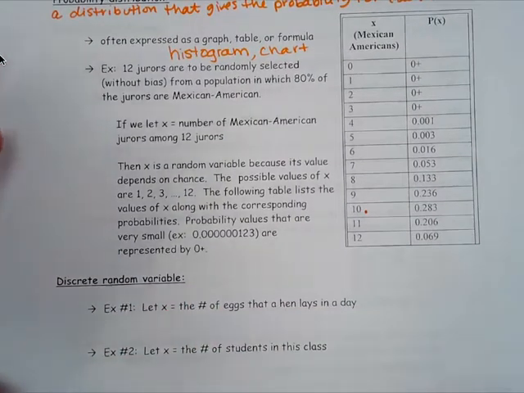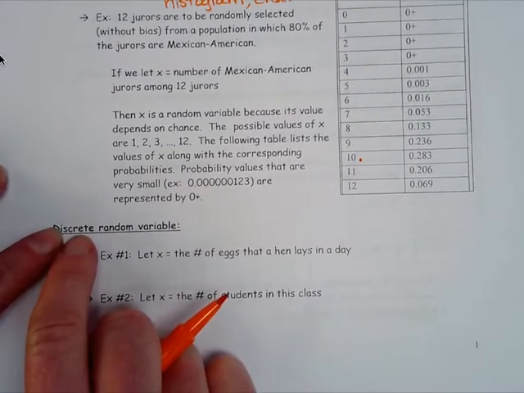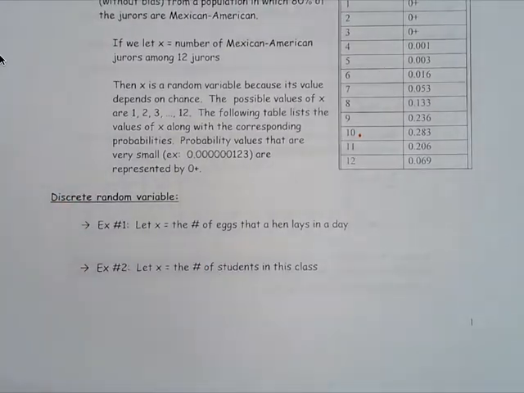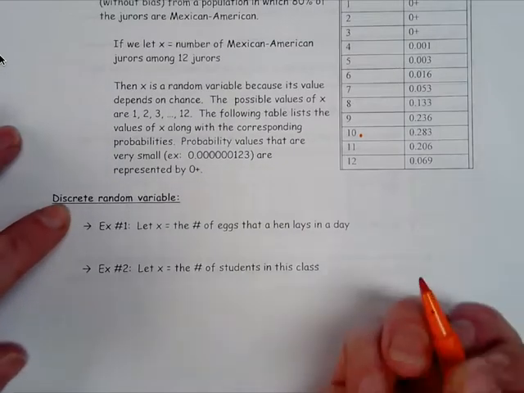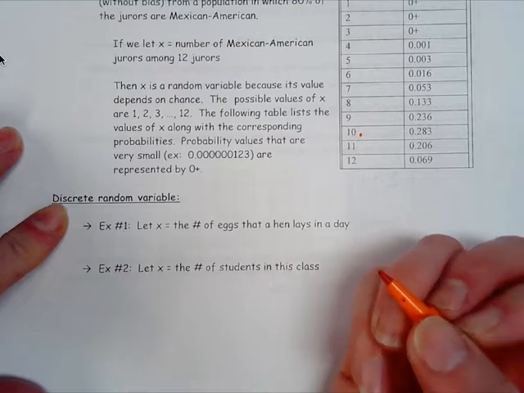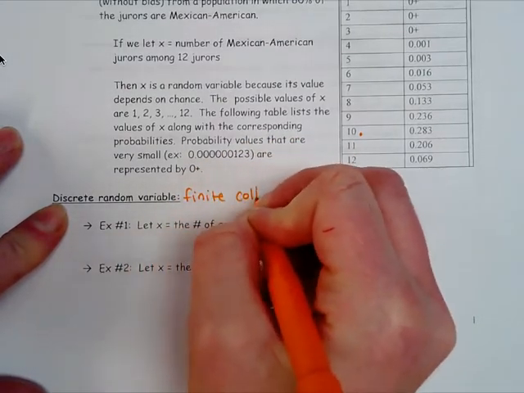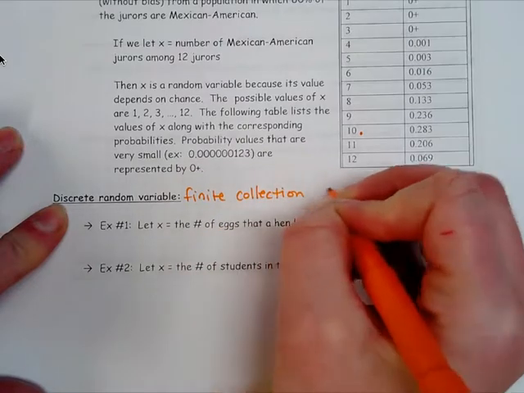Let's look at what kinds of random variables we have. We're first going to talk about discrete random variables. So we've talked about discrete and continuous. We talked about it in college algebra. We might have talked about it a little bit in statistics. I don't remember. But discrete means that we have a countable number of them. So a finite collection of random variables.